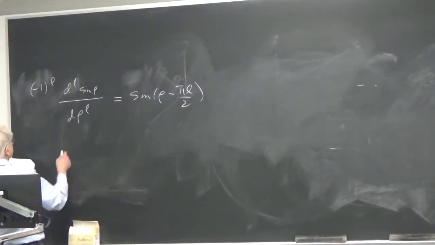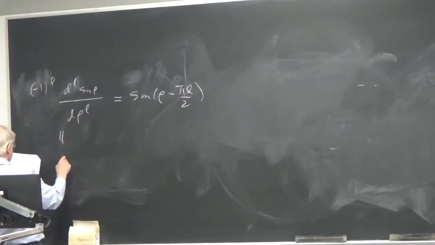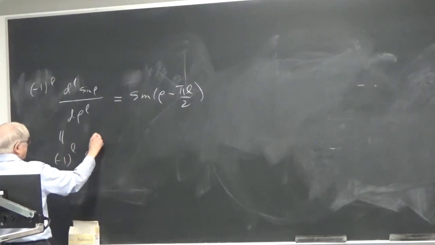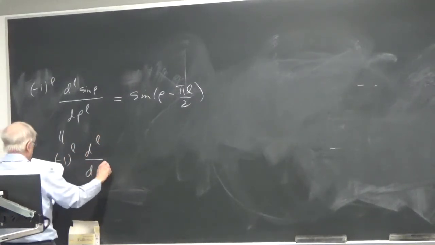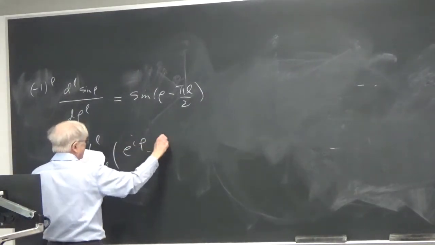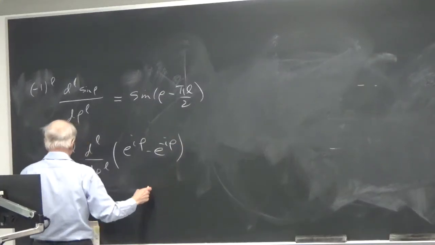So basically this quantity here is (-1)^L d^L/dρ^L of (e^{iρ} - e^{-iρ}) over 2i.